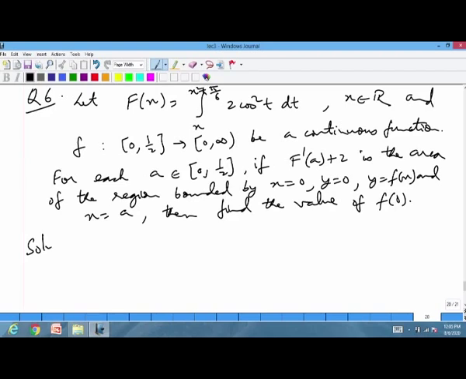So, what is given to us is that this f prime a plus 2 is the area of the region bounded by this curve y equal to f x, that is integral of f x dx from 0 to a.